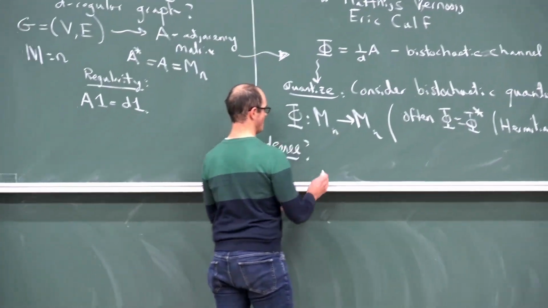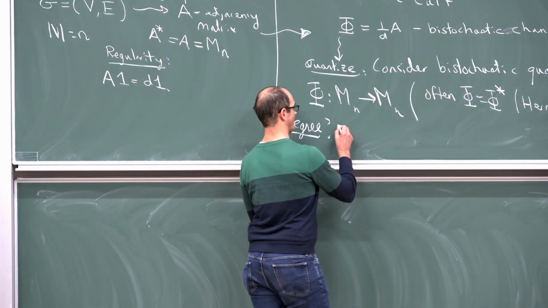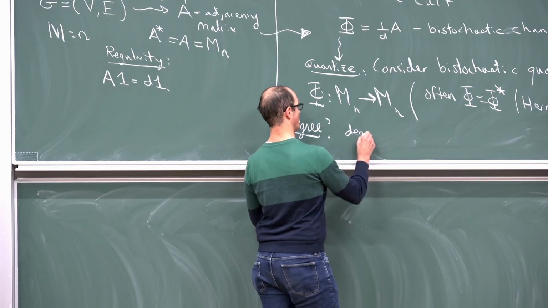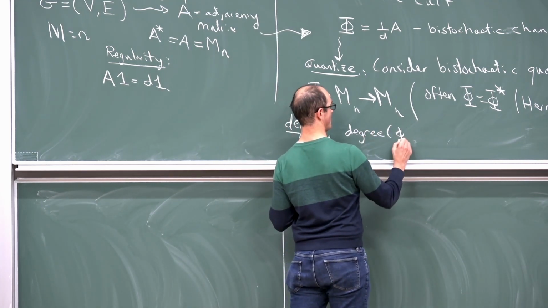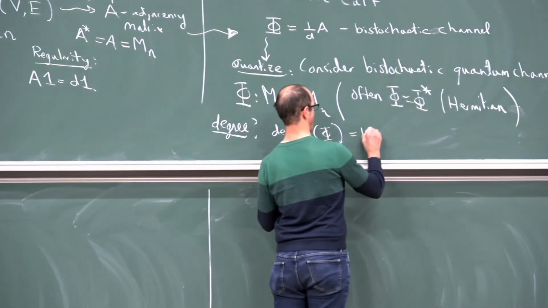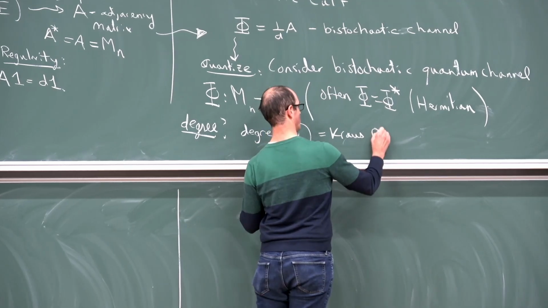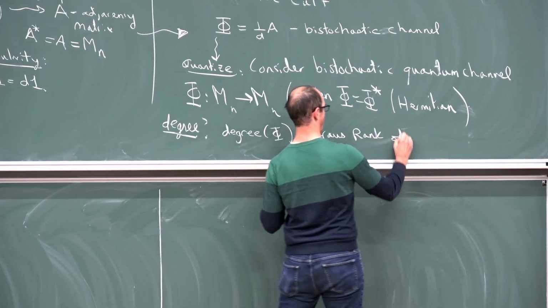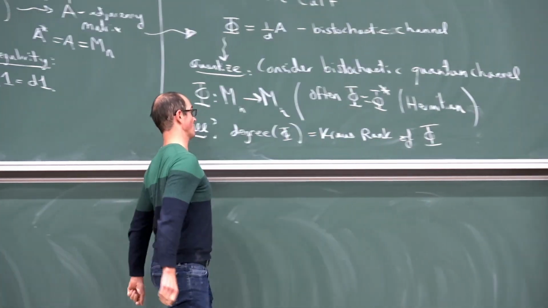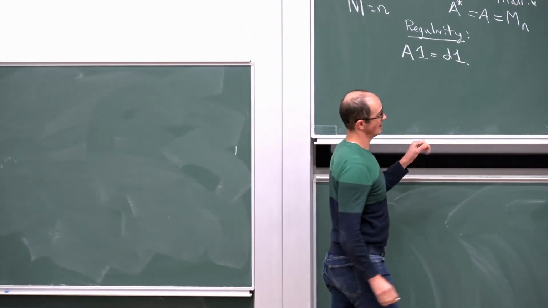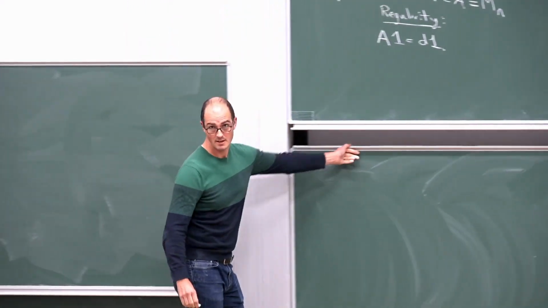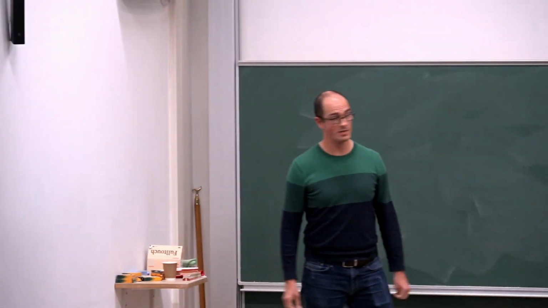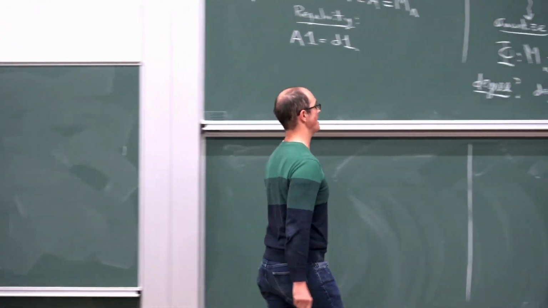Well, what's often done in the literature is you declare the degree of the channel to be the Kraus rank of phi. So the Kraus rank of phi is you basically find a system of Kraus operators to represent phi of minimal size.